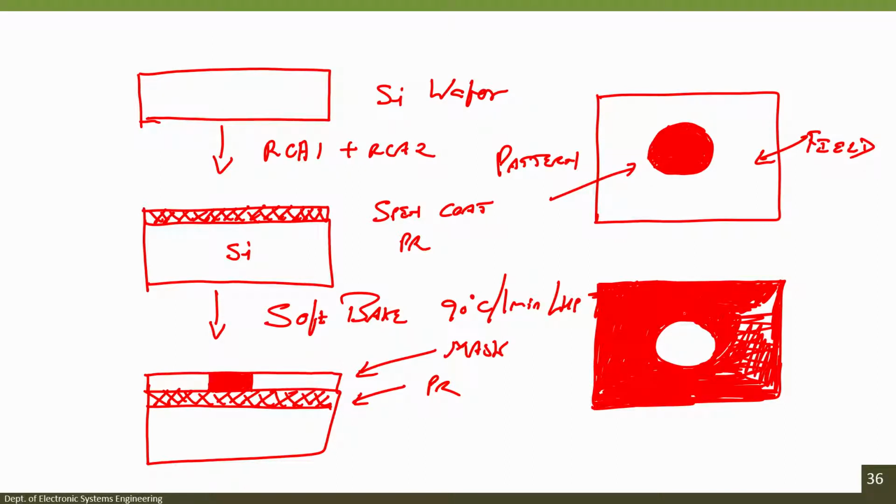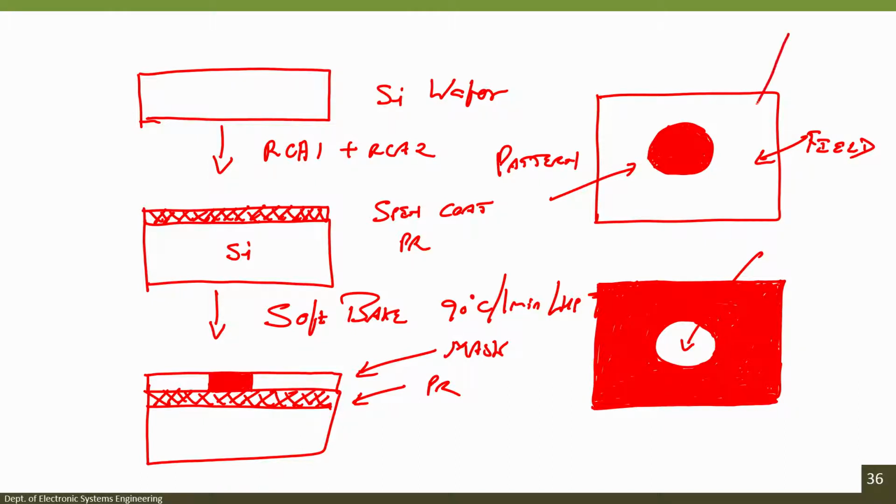What is the reason for using a dark field mask and a bright field mask at certain points of time, I will tell you, but right now understand that light cannot penetrate metal. It is very simple, light cannot pass through metal. Wherever the red color is there, light cannot pass through it; where there is a transparent area, light can pass through.